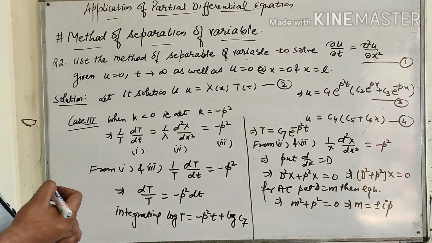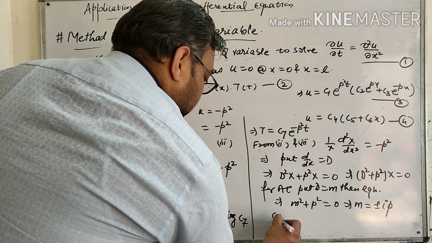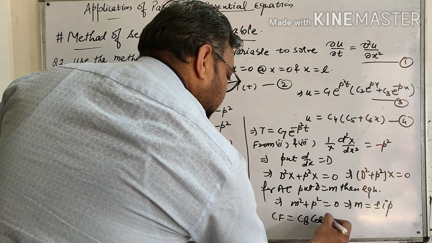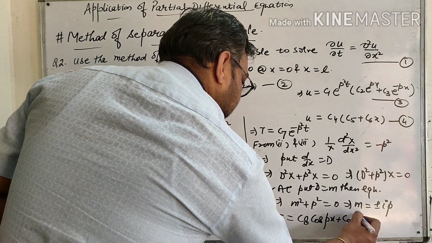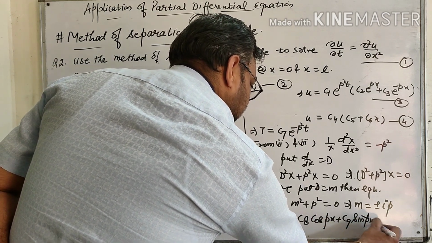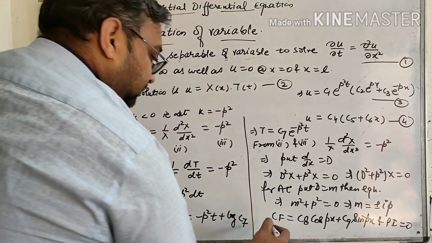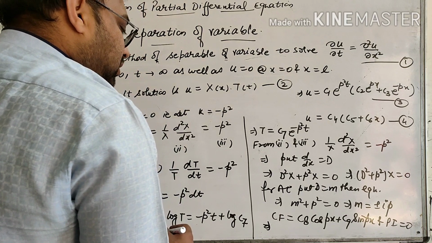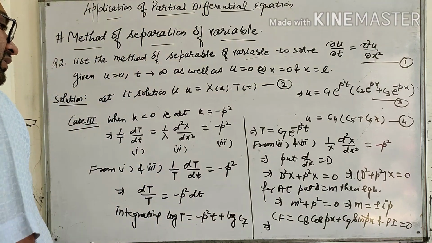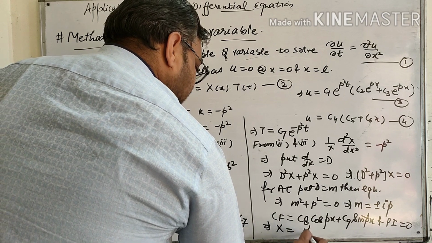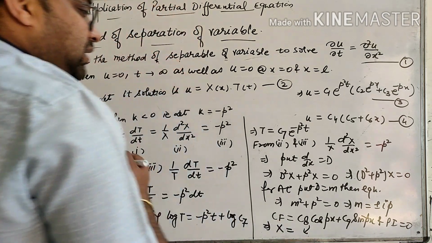So this is the complex root, and for the complex root, CF is equal to C8 cos px plus C9 sin px, and PI is also equal to 0. So the complete general solution of this particular term is CF plus PI, that is, capital X equals C8 cos px plus C9 sin px.